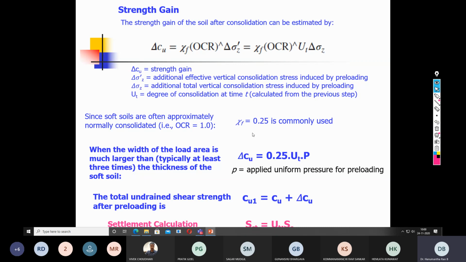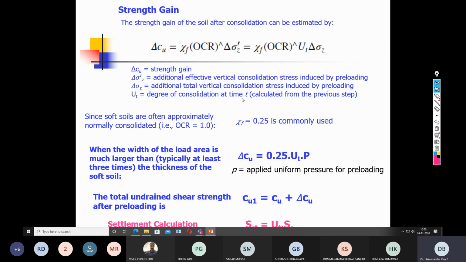So when the width of the load area is much larger than the thickness of the soft soil, you can say delta Cu is 0.25 times UT into P, where P is the applied uniform pressure for preloading, and UT is the average degree of consolidation.